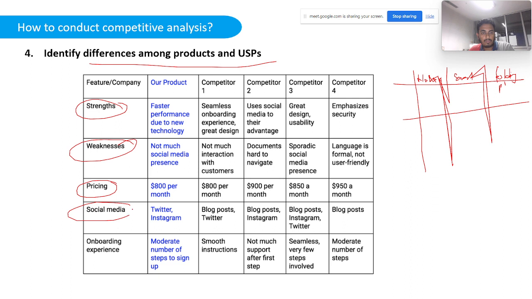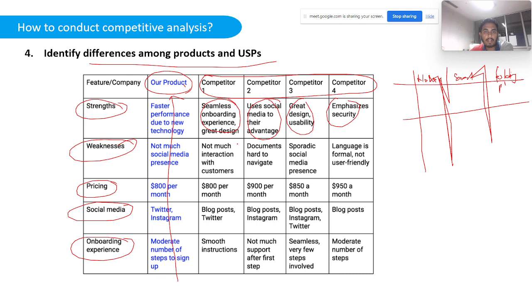You can choose your own set of features for identifying the differences among the various competitors. Now, when you compare your product proposition against the competition, you formulate these after you do a comparison between all the competitors. As I told you in the previous case, you try to see what strength each competitor provides.